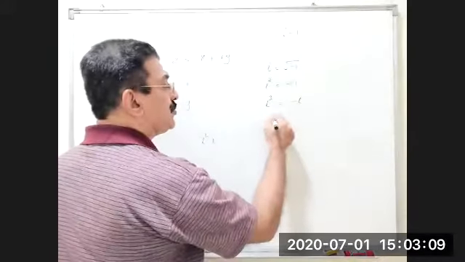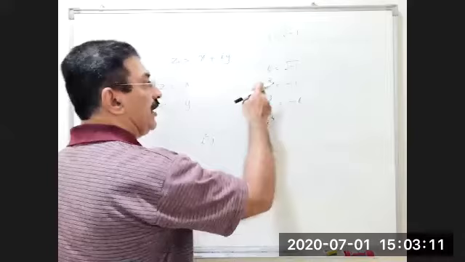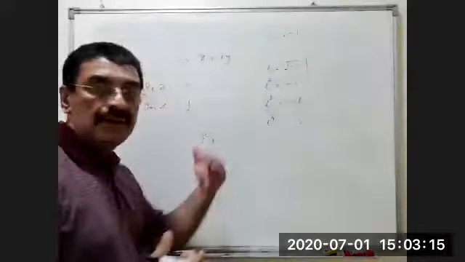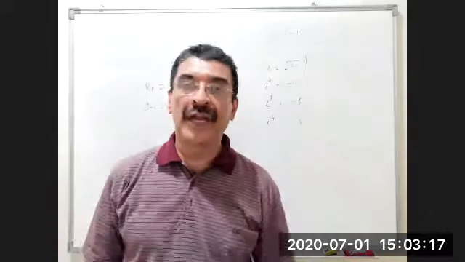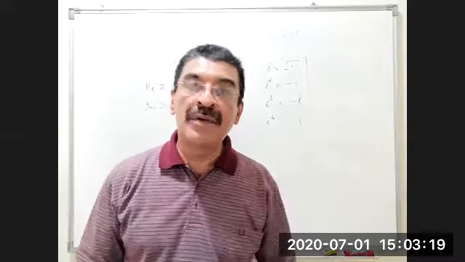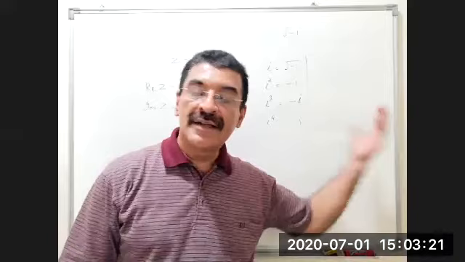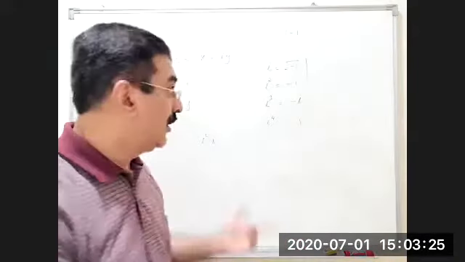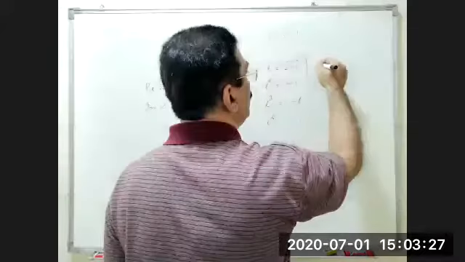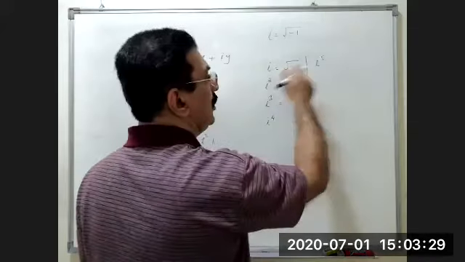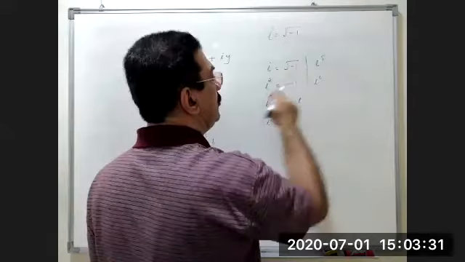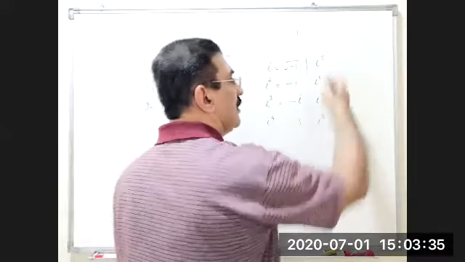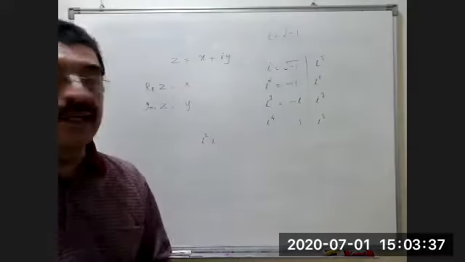Again, i raised to 4 will be i square, the whole square, which is 1. Now, these are the 4 values for all powers of i. This keeps on repeating. It forms a cycle. That means i raised to 5 is this one, i raised to 6 is this one, i raised to 7 is this one, i raised to 8 keeps on repeating.